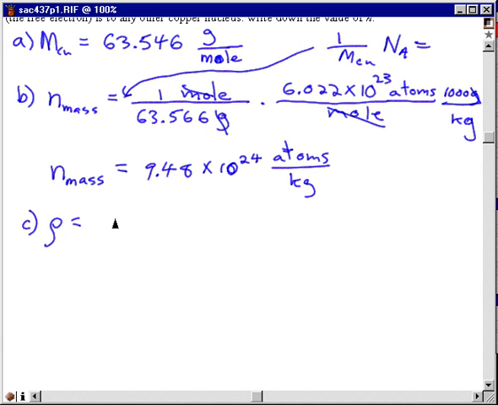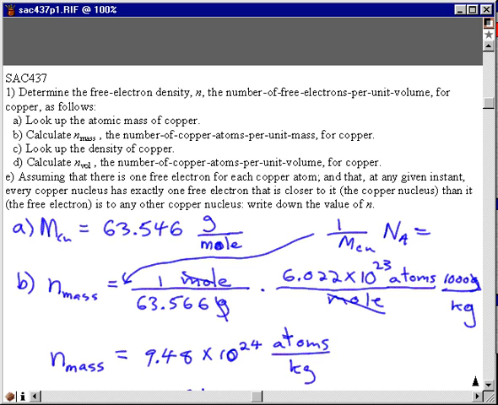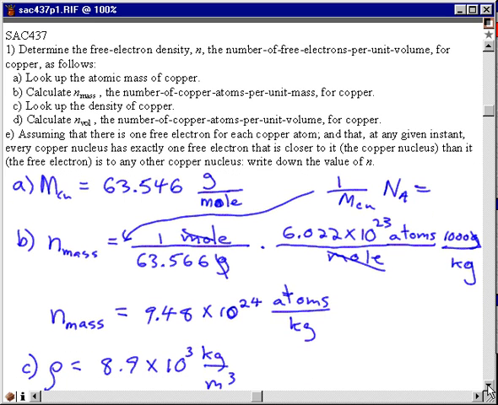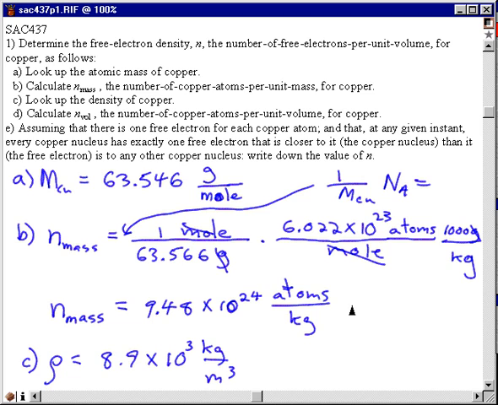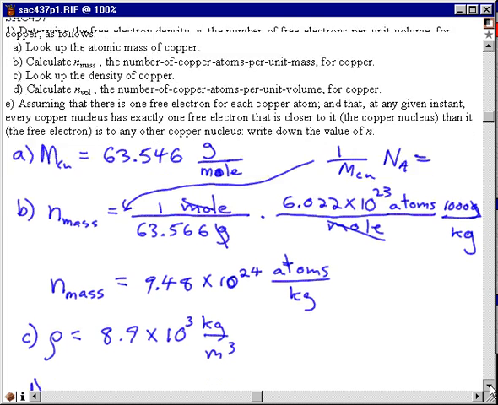It directed me to a table of densities, including the density of copper, which was listed as 8.9 times 10 to the 3rd kilograms per meter cubed. We're taking a step-by-step approach through this problem of finding the number of charge carriers per unit volume. Calculate N sub vol, the number of atoms per volume.